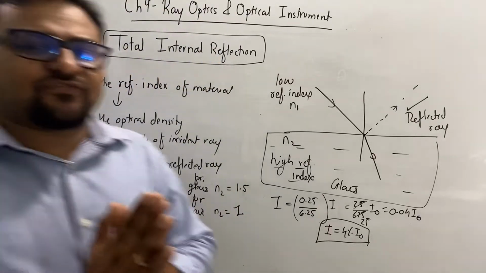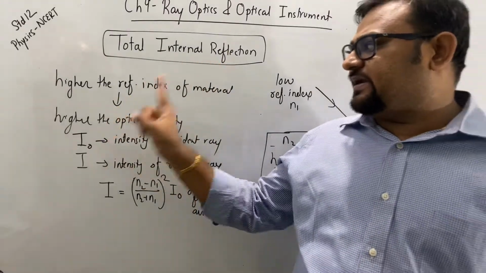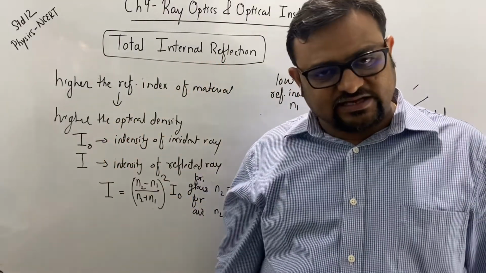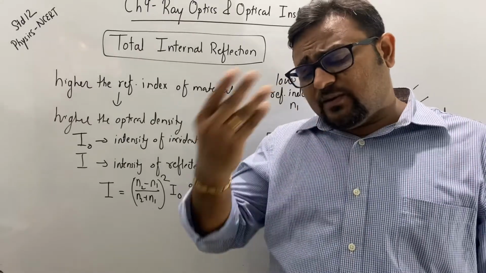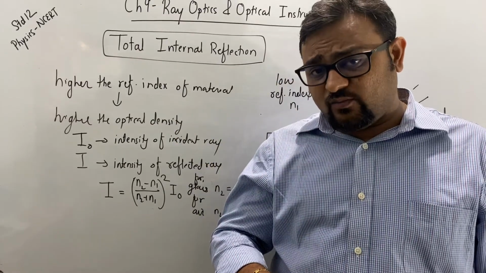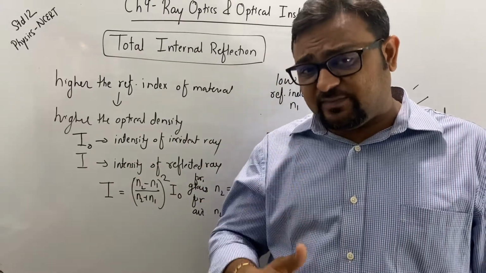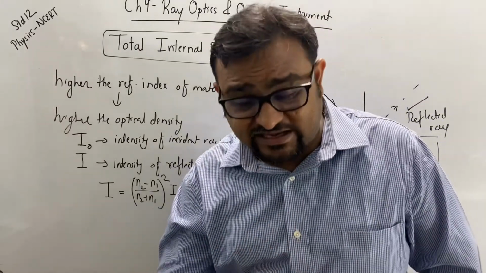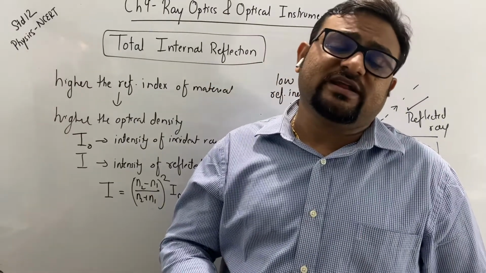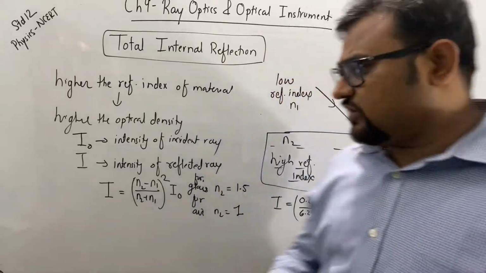See, higher the refractive index, that means higher its optical density. When a ray of light enters from one transparent medium to another medium, a part of the ray is refracted and a part of it is reflected, as shown here.